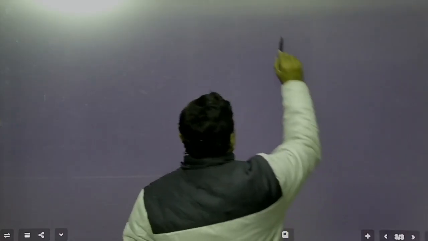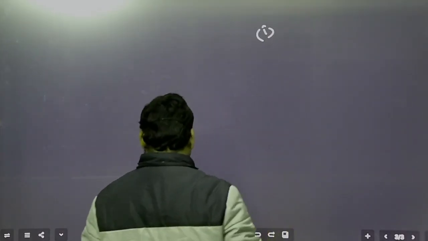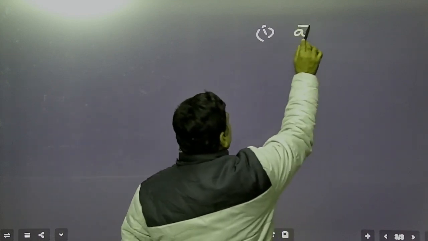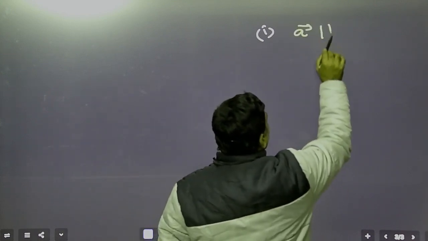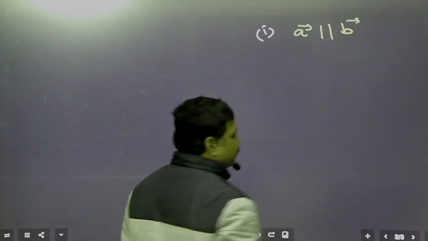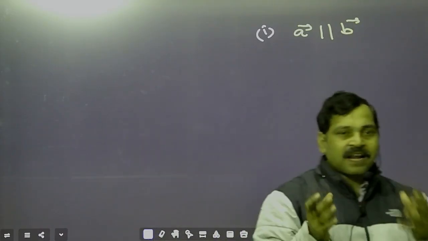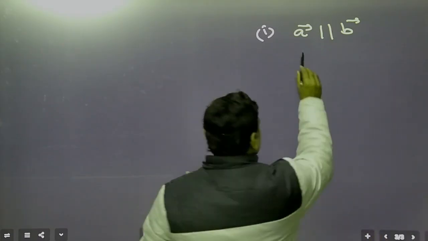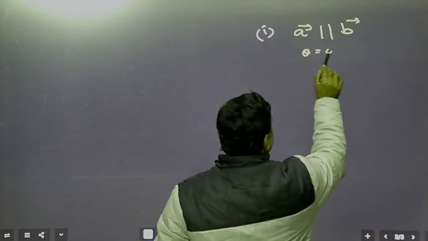The first utility we can see here: suppose two vectors are parallel to each other. Parallel means what? The angle between them will be 0 degrees. So here theta will be 0 degrees.